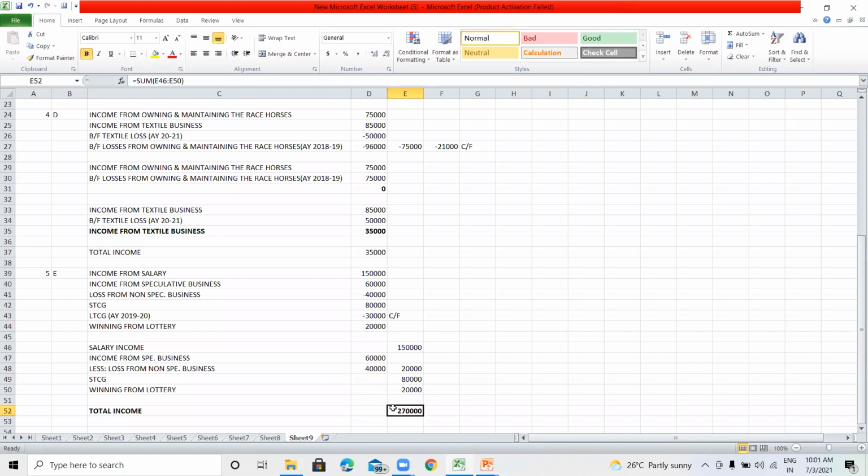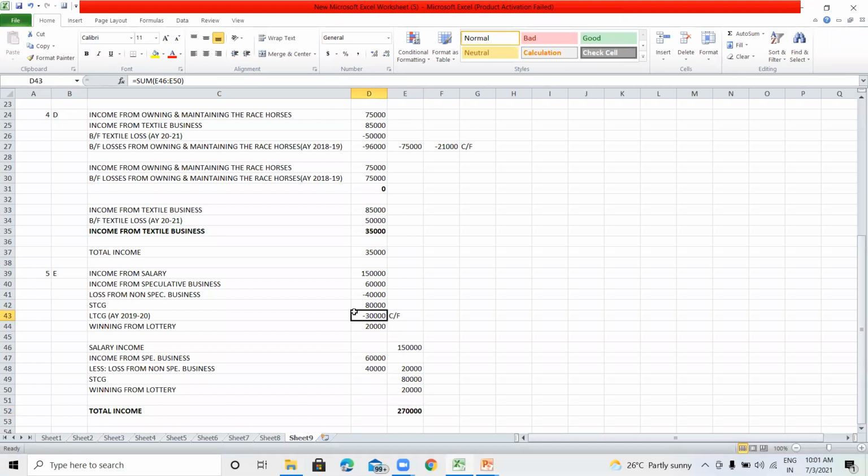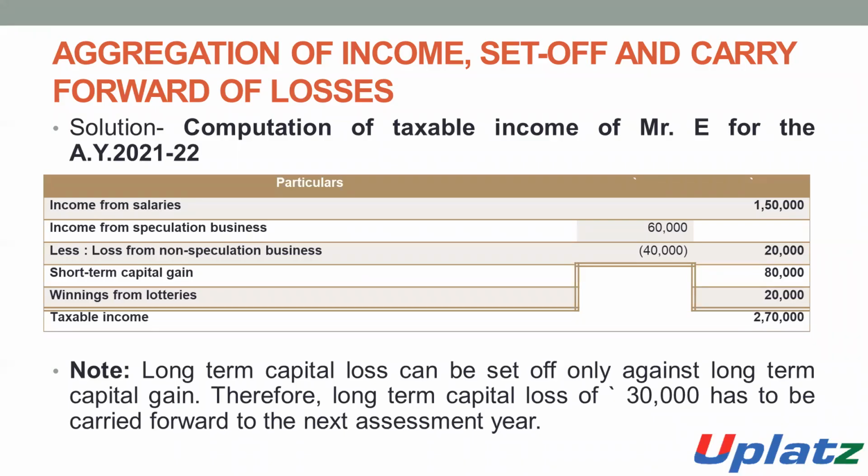A long-term capital loss can be set off only against long-term capital gain. Therefore, this 30,000 we cannot set off with short-term capital gain, and we will carry it forward to the next assessment year.